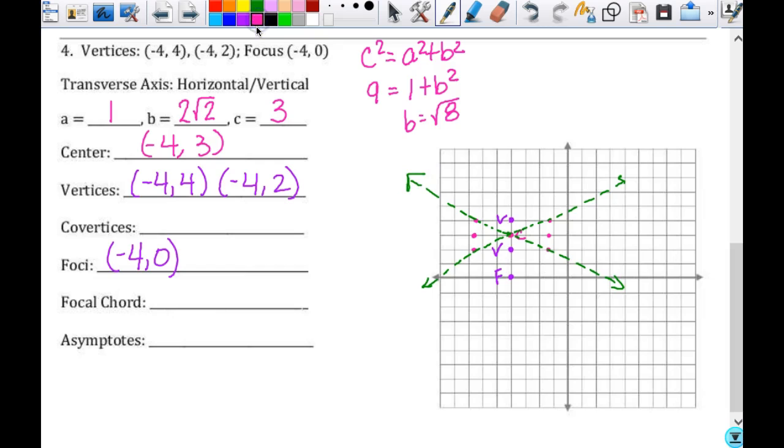I can also go ahead and get my other focal point, right? Because that's just going to be negative 4 what? Where's my other focal point? Go from the center and I count 1, 2, 3. So that's 6, right? That's my other focal point. My co-vertices I already found, so that is going to be negative 4 plus 2 square root of 2 and negative 4 minus 2 square root of 2.